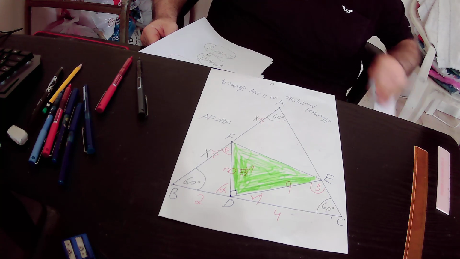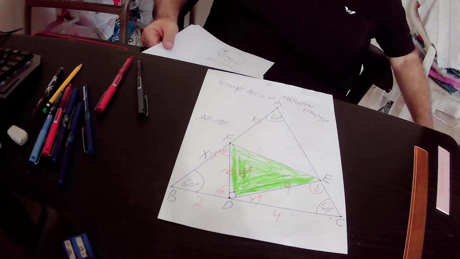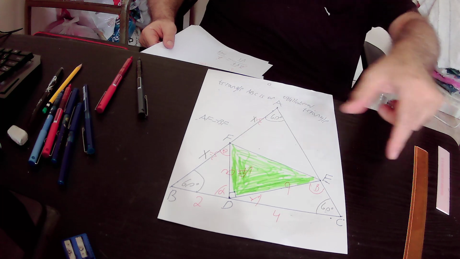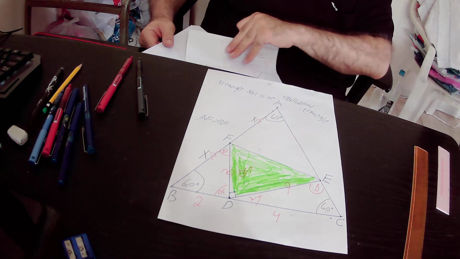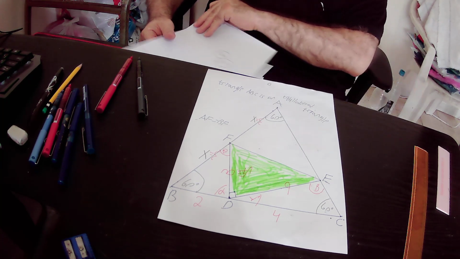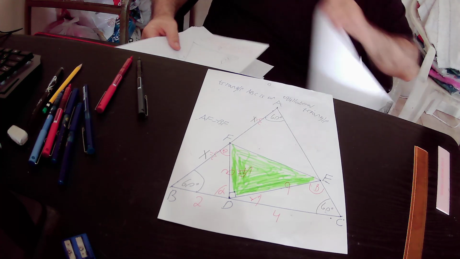Okay, and we also know that AF equals BF, and we know that BD equals 2 units, DC equals 4 units, and we want to find out the area of the green triangle FDE.